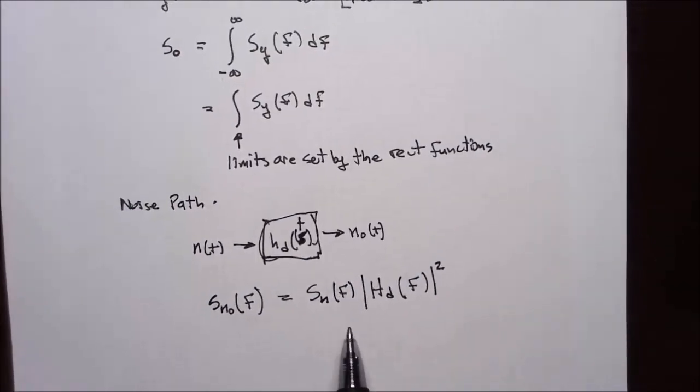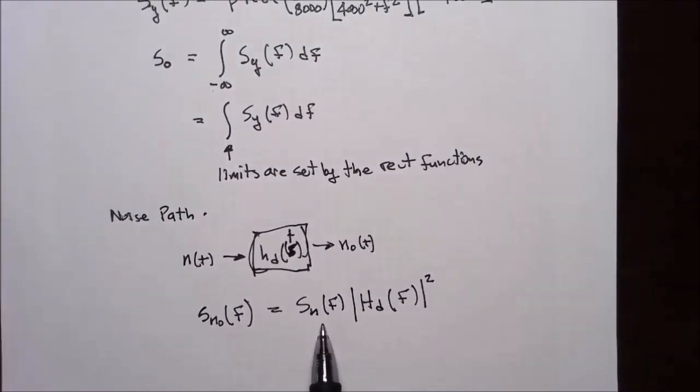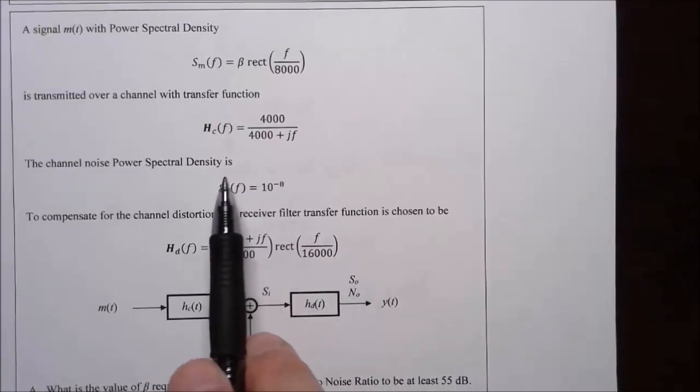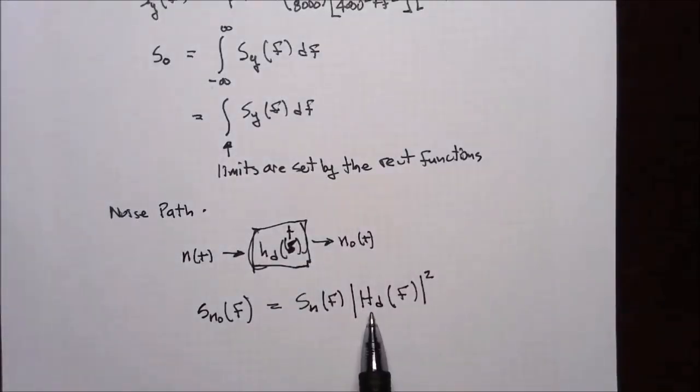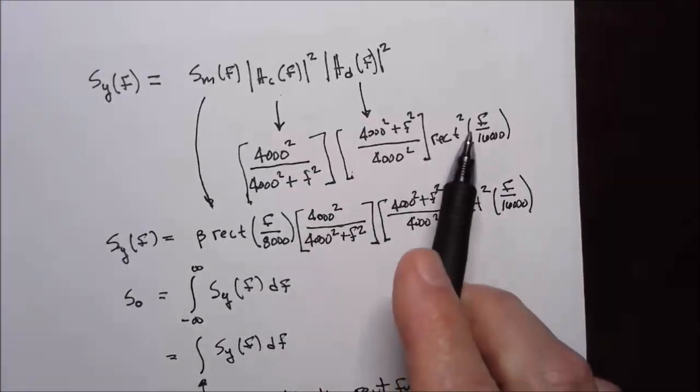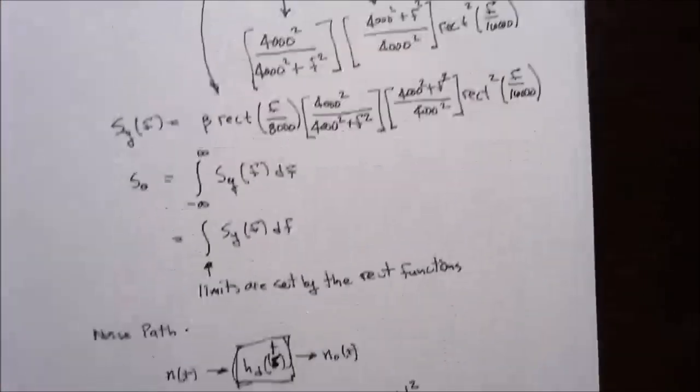And the power spectral density of the noise is simply a constant value. The magnitude squared of the transfer function is given by this equation.